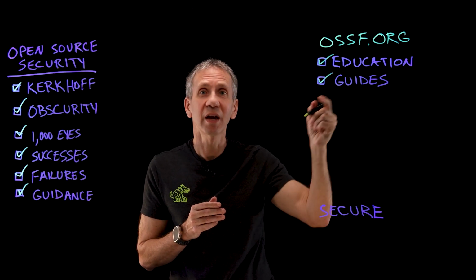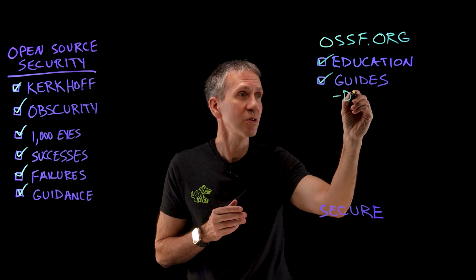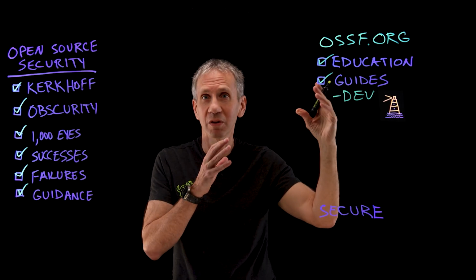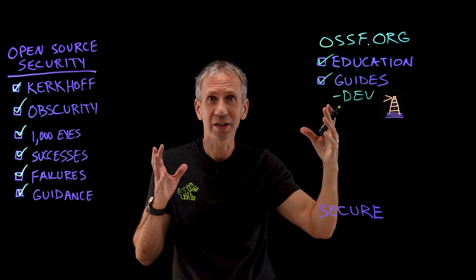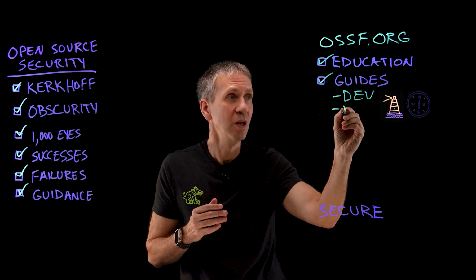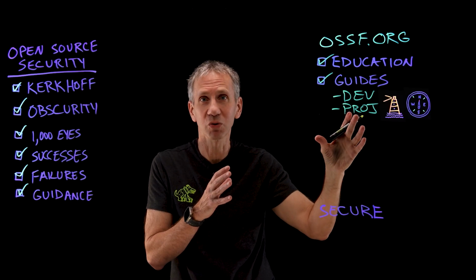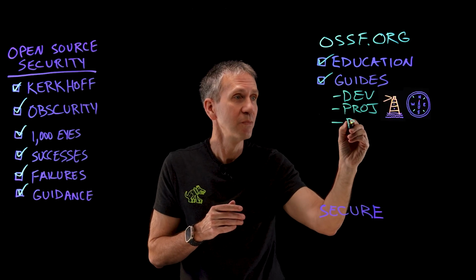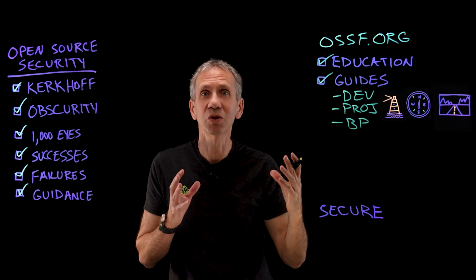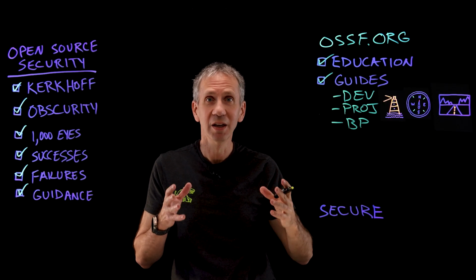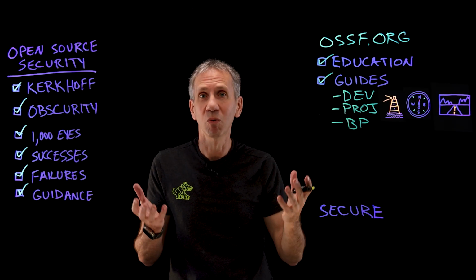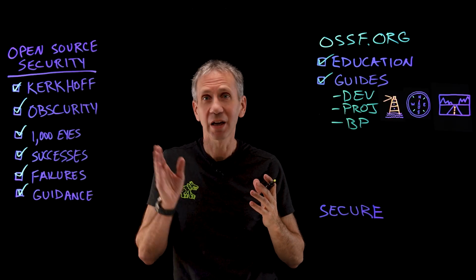In addition, they have some guides. In particular, they focus on open source development, what are secure coding practices and things like that that you should follow, project management and project considerations for running an open source project, and also industry best practices, the things that we've learned that are the time-tested principles that we know work and help us avoid that and achieve more of that.